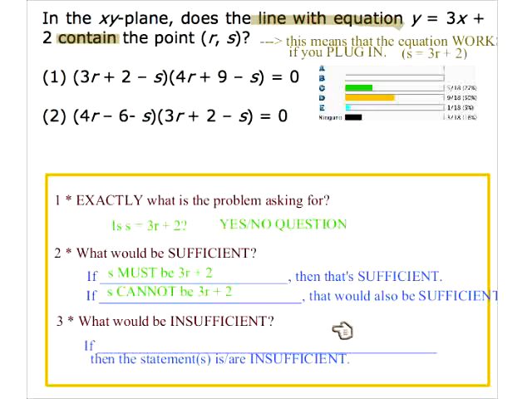This is a yes/no question. Insufficient means zero has nothing to do with it. Sufficient means it either has to be yes or has to be no. Insufficient means could be either one. So if S could be 3R plus 2, but could also be other than 3R plus 2, then the statement is insufficient.